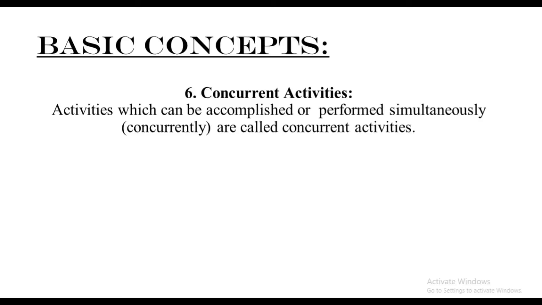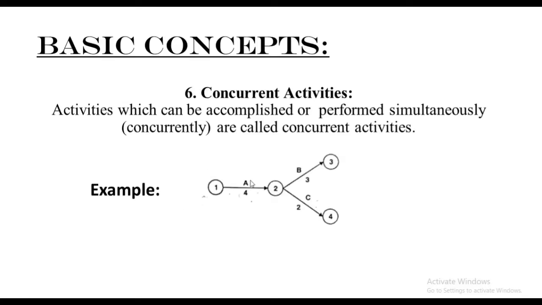Now the next concept is concurrent activity. Activities which can be accomplished or performed simultaneously are known as concurrent activities. Example: in this diagram, we have activity A, where the starting point is 1 and the end point is 2.